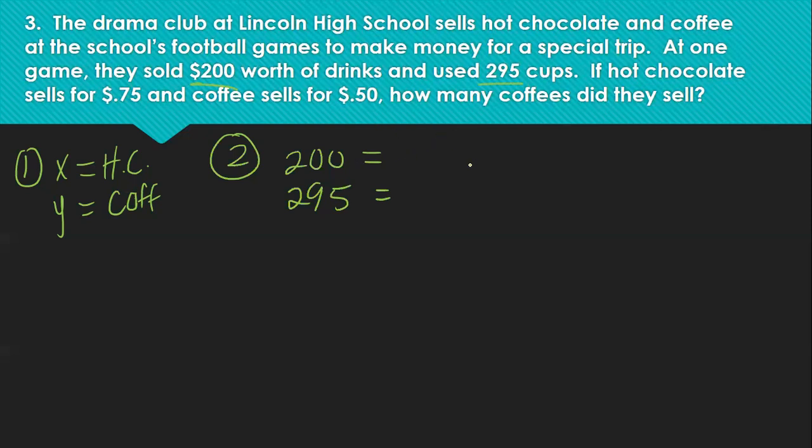The money is just X plus Y. There we go. The money comes from how much each cost, right? The cups come from how many they actually sold.